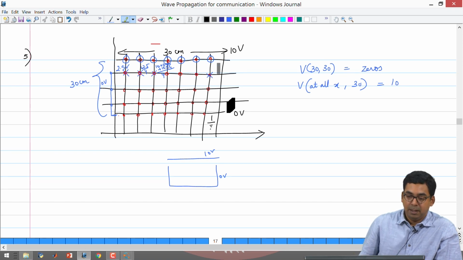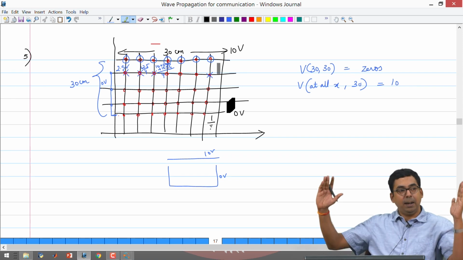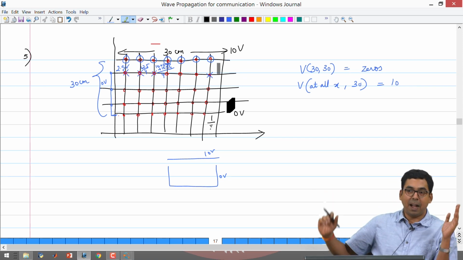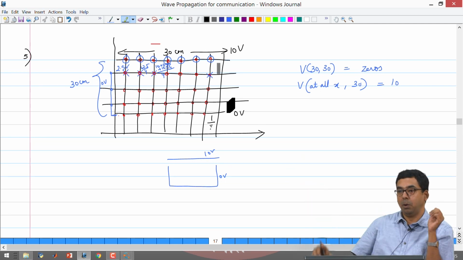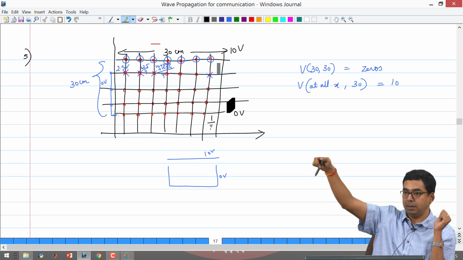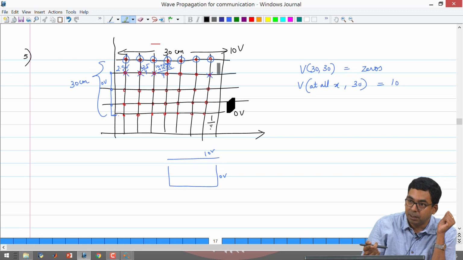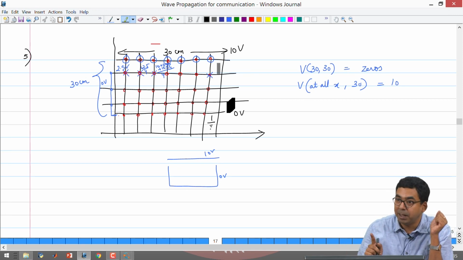That means that each and every time I encounter the boundary, the value of the voltage on the left and on the right side of the boundary is going to be a mirror of what is there on the other side, which means that every iteration you are changing the boundary value. It is a dynamic boundary condition, not a static boundary condition like you had before.